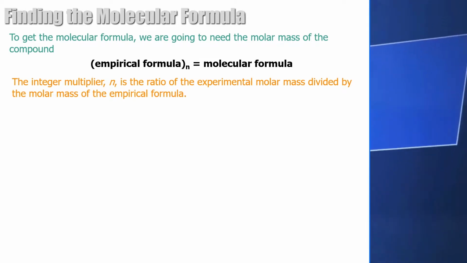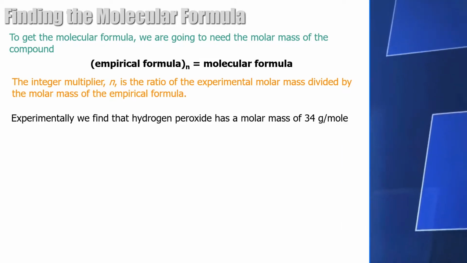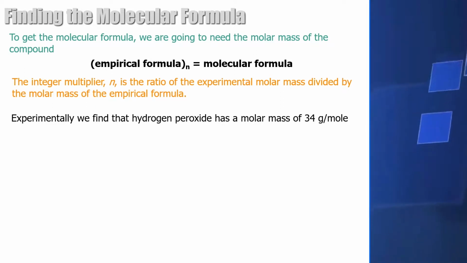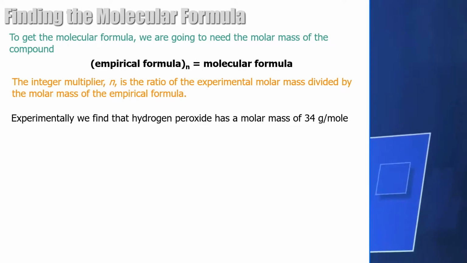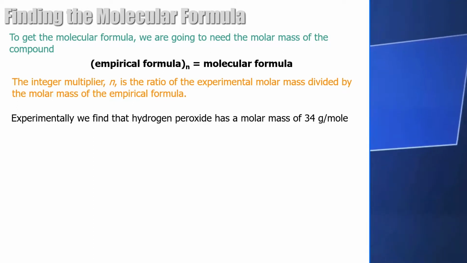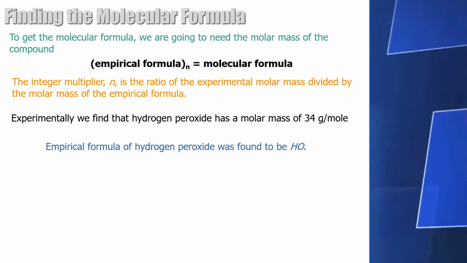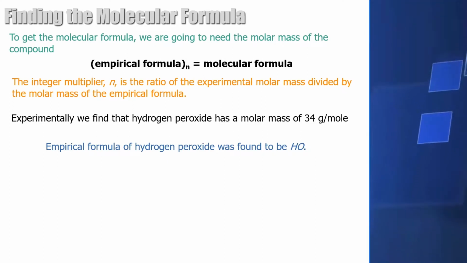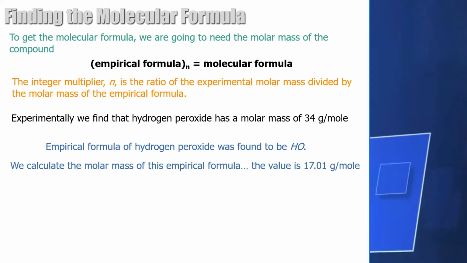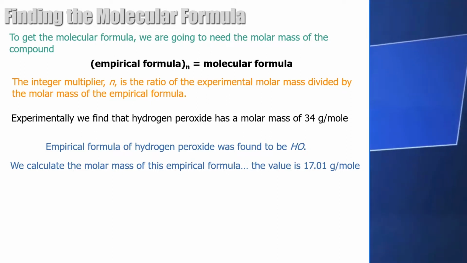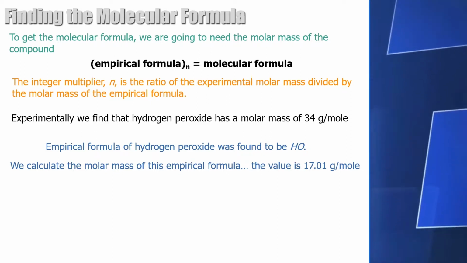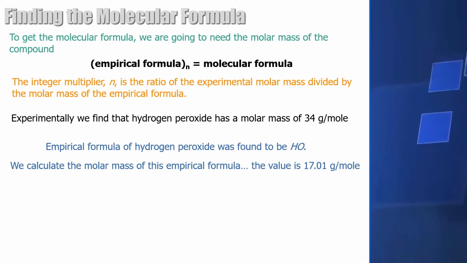Let's say we found experimentally using our mass spectrometer that hydrogen peroxide has a molar mass of 34 grams per mole. From our previous lecture, we found that hydrogen peroxide has an empirical formula of HO. We first need to calculate the molar mass of this empirical formula. The value is 17.01 grams per mole.